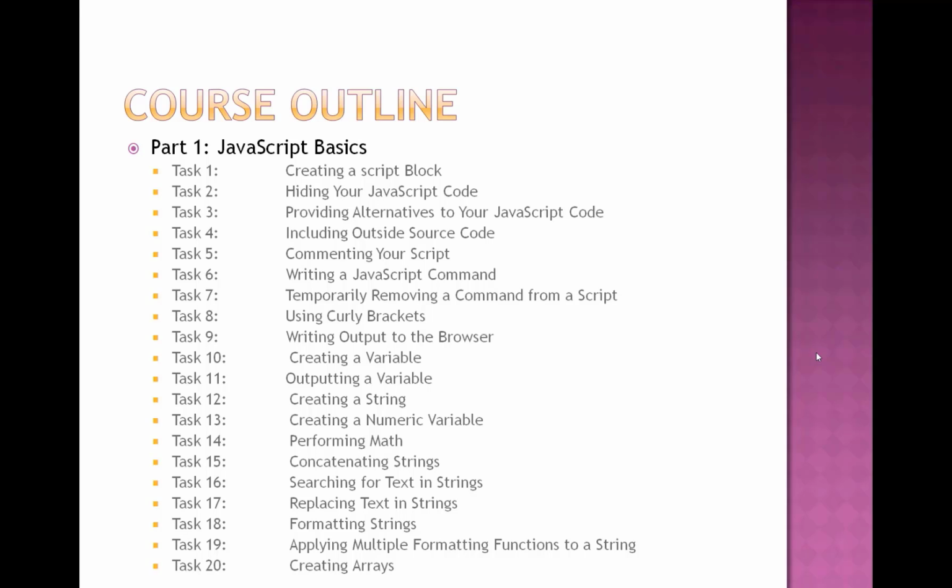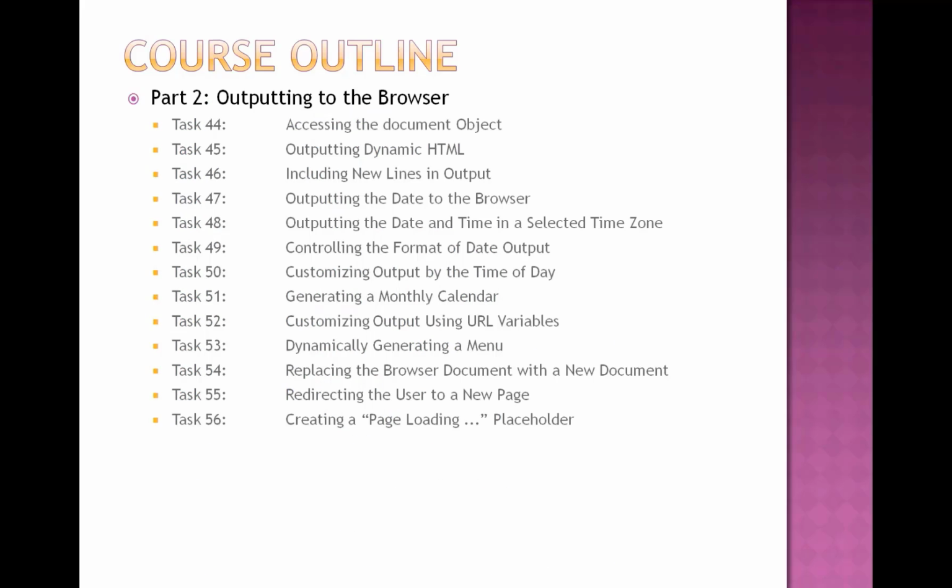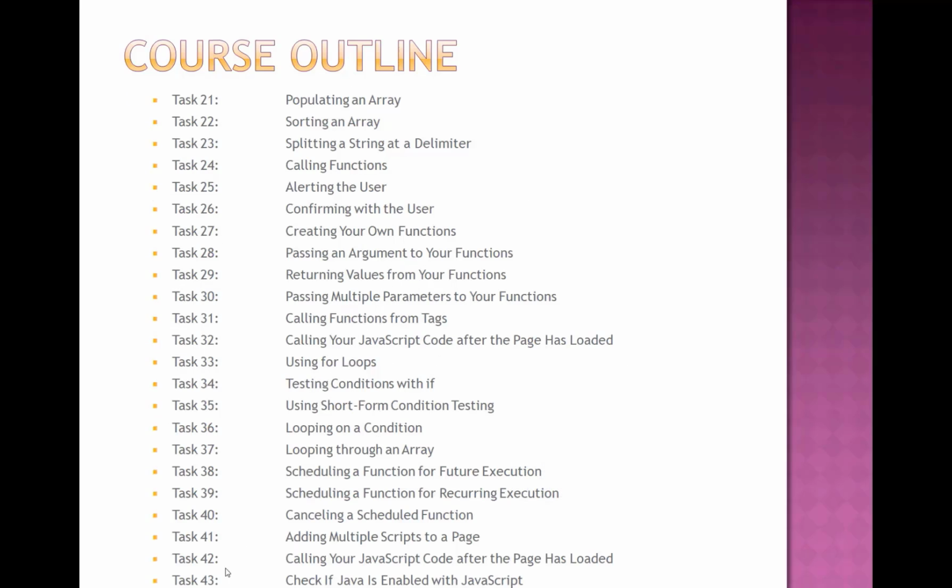If you have never used JavaScript before, this part is for you. It provides examples that illustrate the basics of creating scripts and using JavaScript. In this part we have solved, I think, 43 tasks.